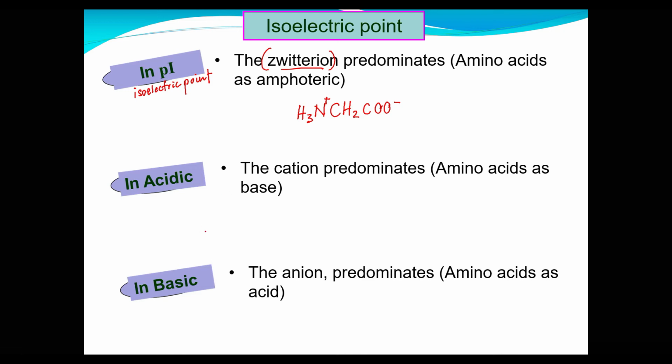Okay, let us see now. How do we draw the structure of glycine in an acidic medium? Glycine in an acidic medium will act as a base where the amino group will gain a proton, and glycine will exist as a cation, or we say that the cation predominates.